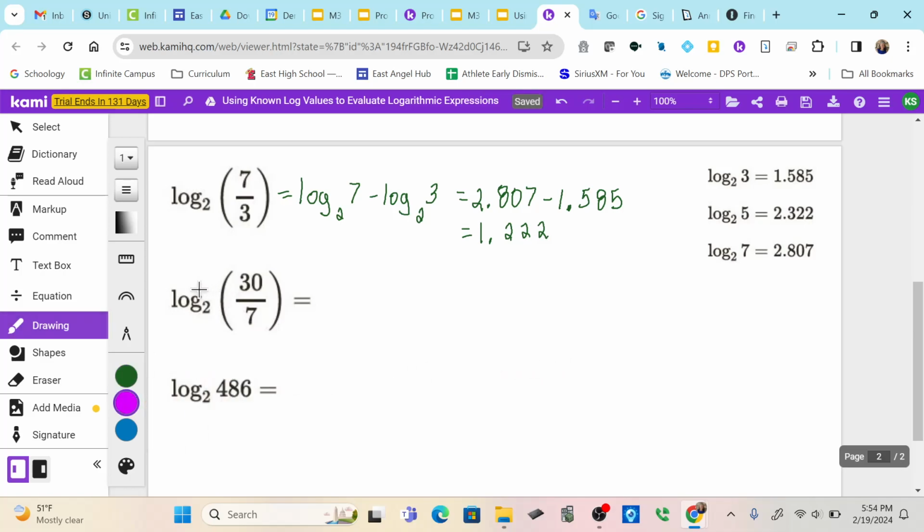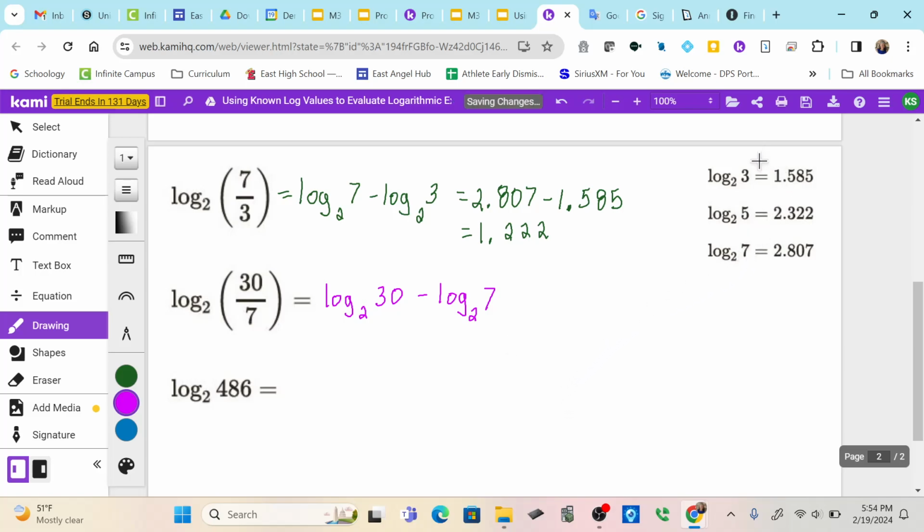If I take a look at log base 2 of 30 over 7, I can write this as log base 2 of 30 minus log base 2 of 7.